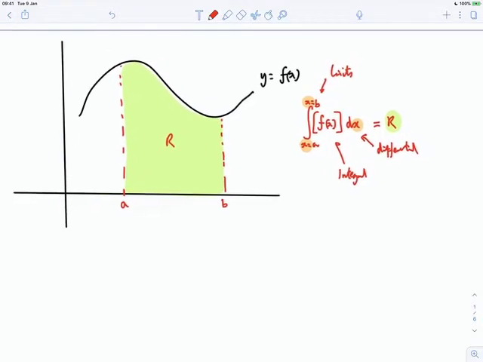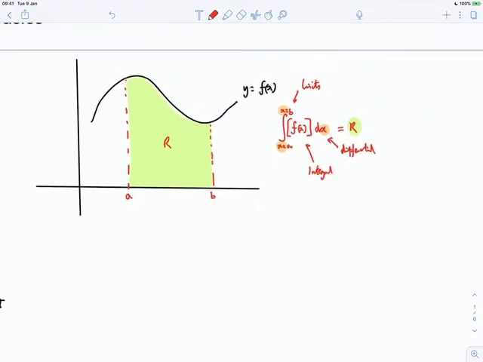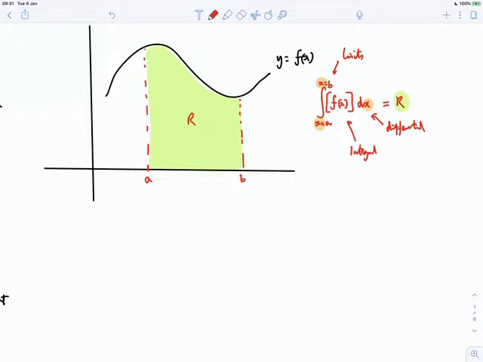Essentially, there are two types of integrals: definite and indefinite. Definite integrals have limits, so between a and b, f of x dx, and these always equal some constant that you need to find.